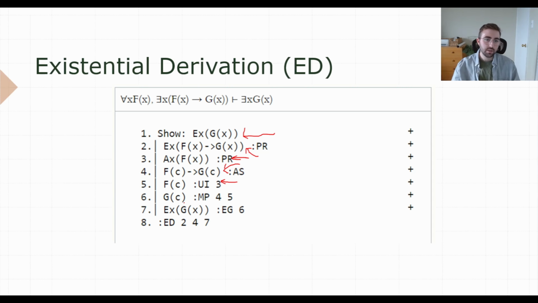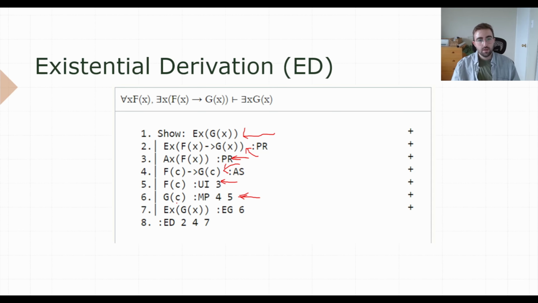So we say, C is f by universal instantiation on line 3. And then look at that. On lines 4 and 5, we have the recipe for a modus ponens. So we apply that, and on line 6, we get C is g. We know that for the constant C, C is g.